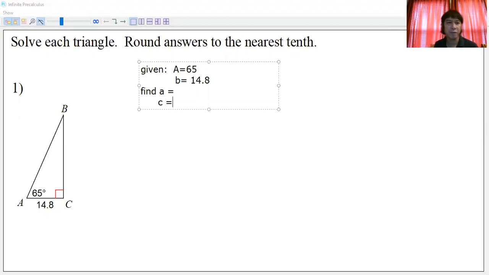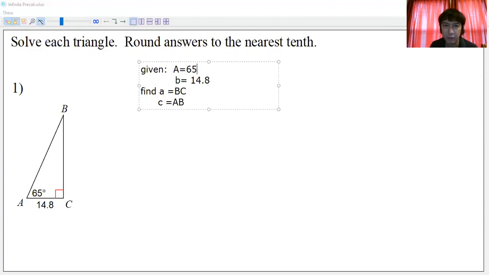So find A, we're looking for this side. Now, A is opposite the angle A, and we can also call it BC. That's the same as side A. Also, the side C, which is the hypotenuse, is the side AB.